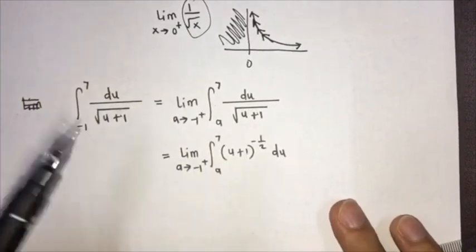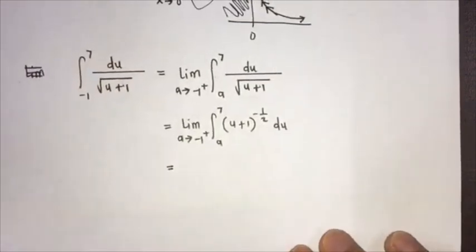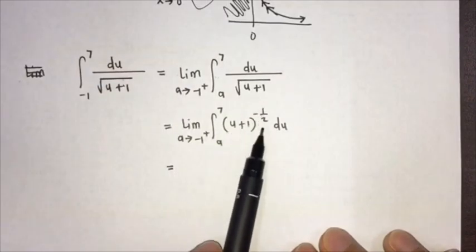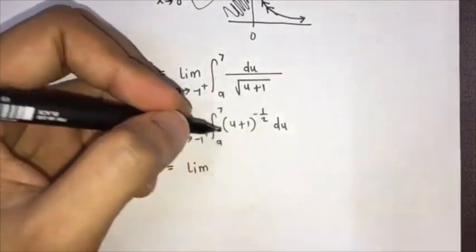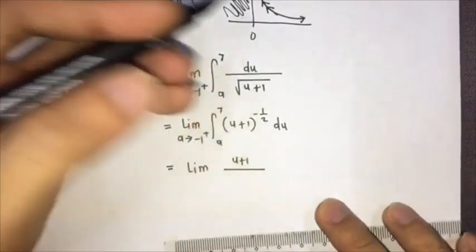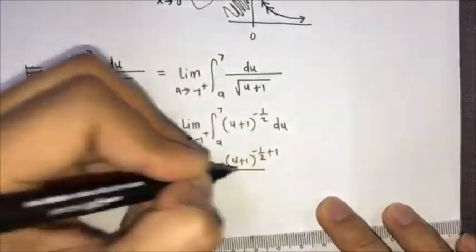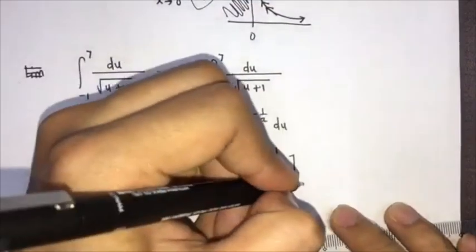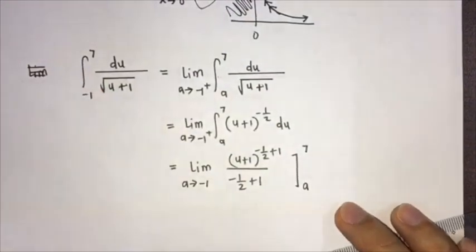Integrating, the integral of this will become u plus 1 raised to negative 1/2 plus 1, over negative 1/2 plus 1, with limits from a to 7 as a approaches negative 1.